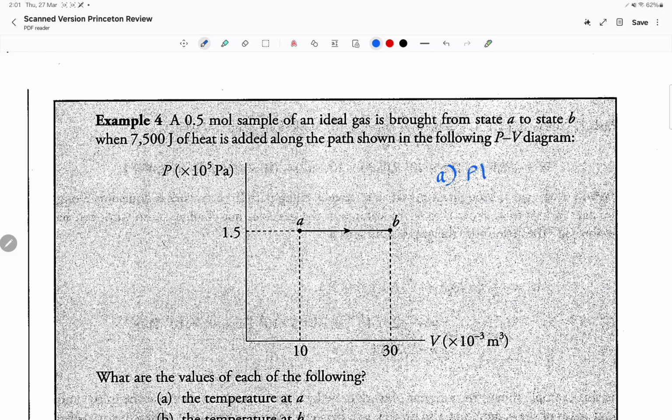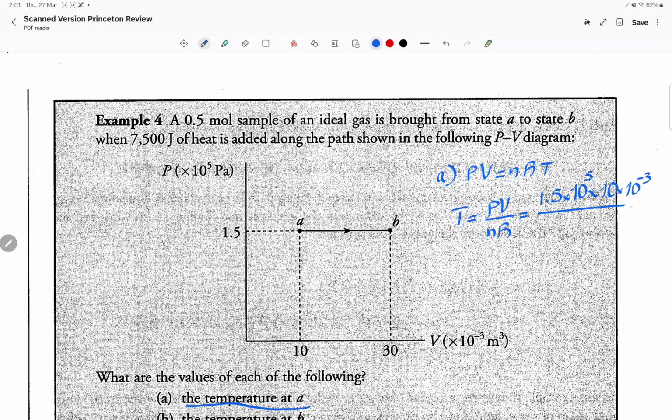Can you please do the math for PV is equal to nRT for the temperature? So T is equal to PV over nR. So P is 1.5 and V is the volume.